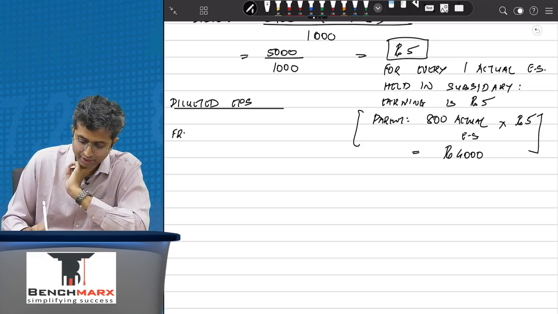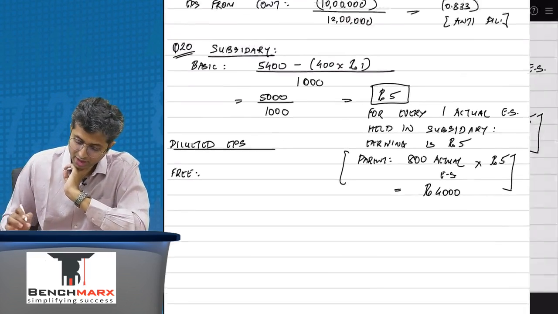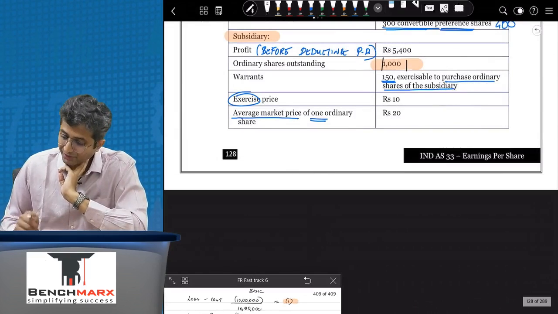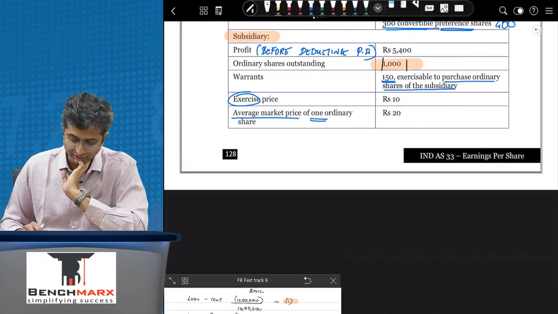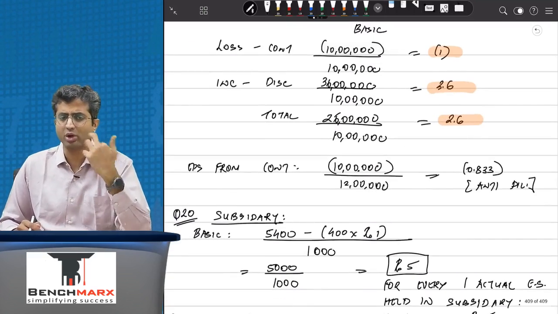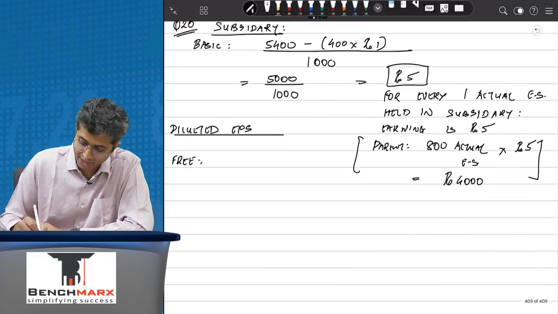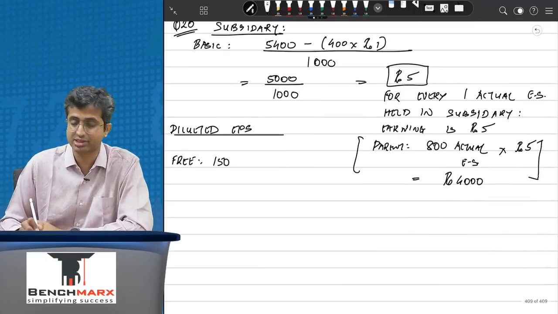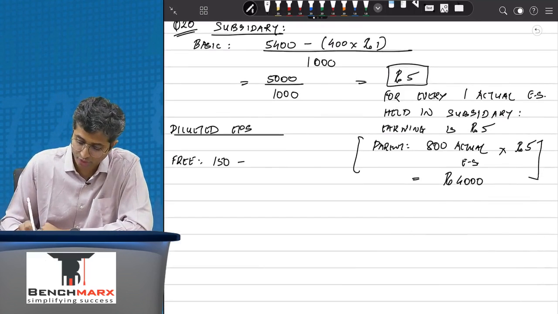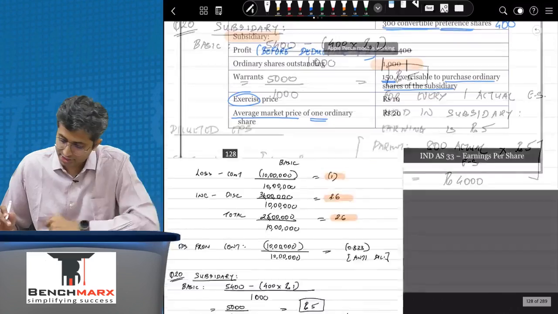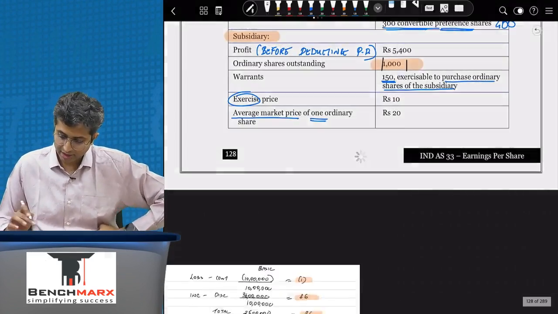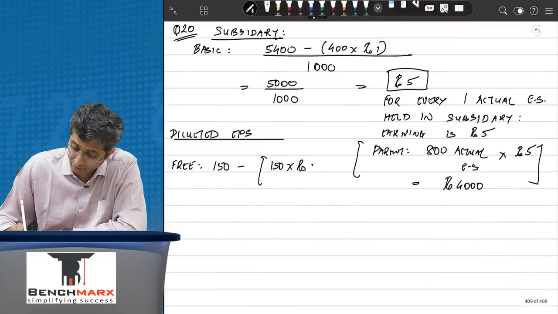So in case of options, the subsidiary has issued 150 warrants which are exercisable to purchase ordinary shares of the company unless given otherwise. These 150 warrants will convert into 150 ordinary shares, and hence if these options were exercised, 150 ordinary shares will be issued. However, if 150 ordinary shares are issued, then the company will receive 150 into rupees 10 in the pocket, which means 1,500 rupees will flow. But what will you do with this 1,500?